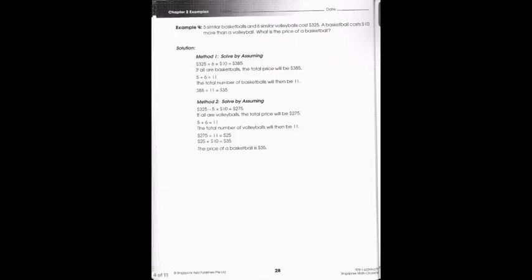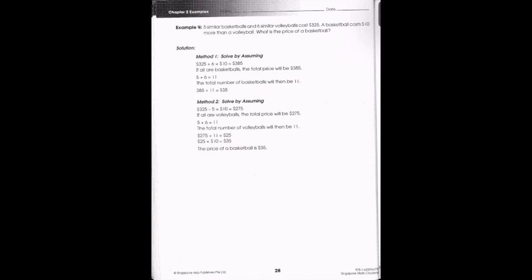Now let's look at example 4 together. So 5 similar basketballs and 6 similar volleyballs cost $325. A basketball costs $10 more than a volleyball.